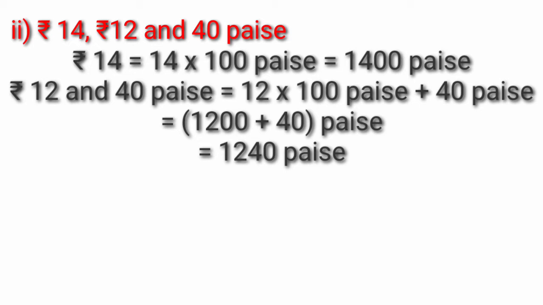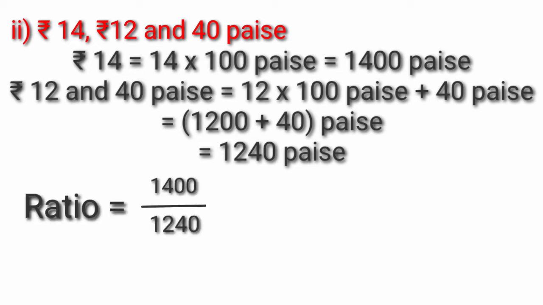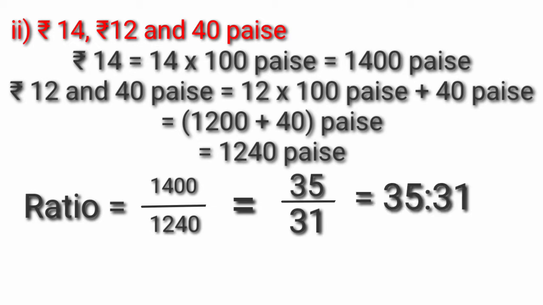So therefore the ratio is 1400 paise upon 1240 paise. So 0 gets cancelled. Both numbers can be divided by 4. So after dividing we get 35 upon 31. So its ratio is 35 is to 31.